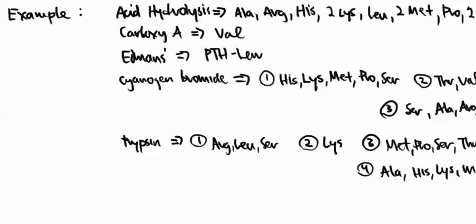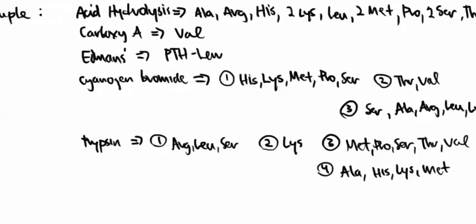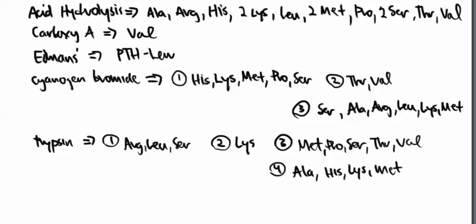So in this example, you're going to see up at the very top that we are first going to acid hydrolyze the protein itself. And we talked about acid hydrolysis before. This was super high heat, very strong acid, 24 hours, and we cleave every amino acid in the protein.